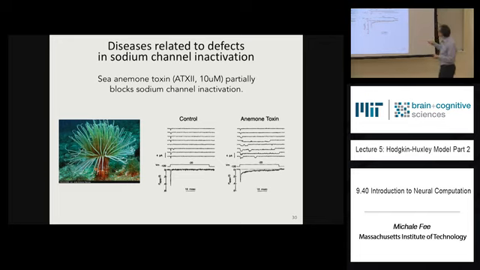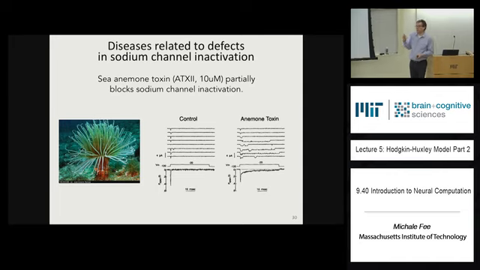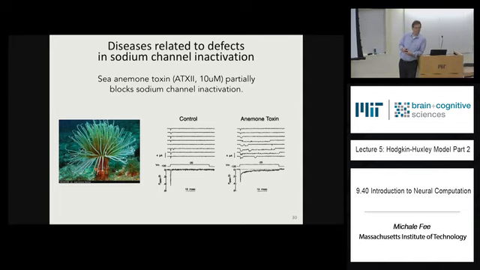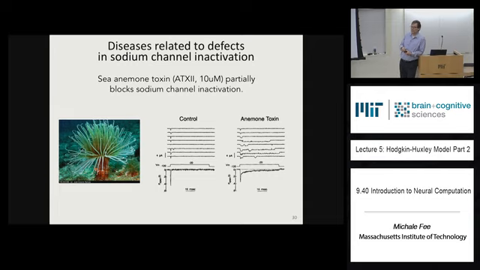And it turns out what that toxin does is it mimics the effect of this blockage of the inactivation of the sodium channel. Okay, so you can see that applying this toxin also produces these extended openings or failures to inactivate.